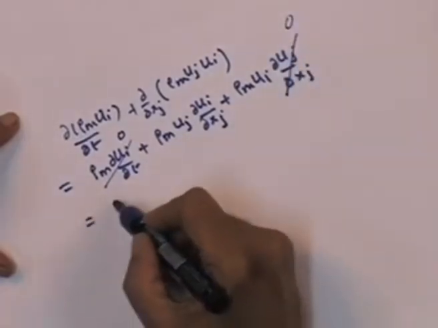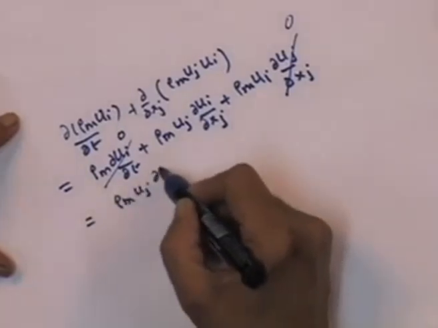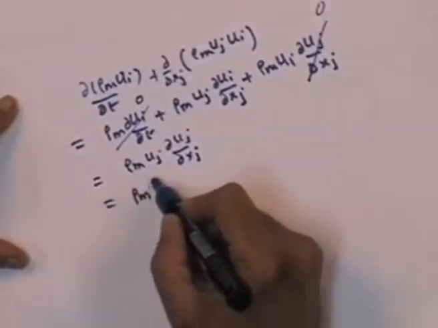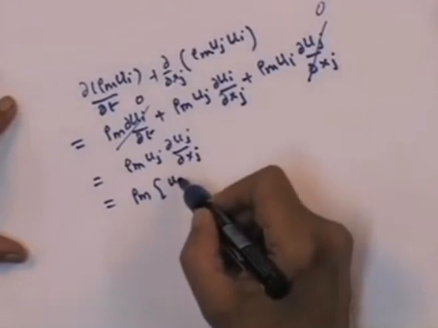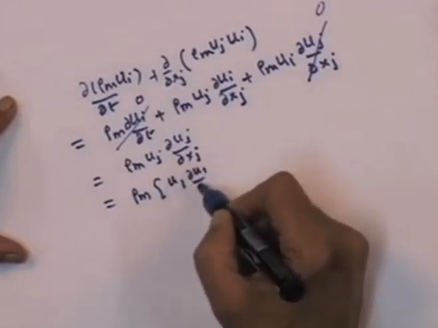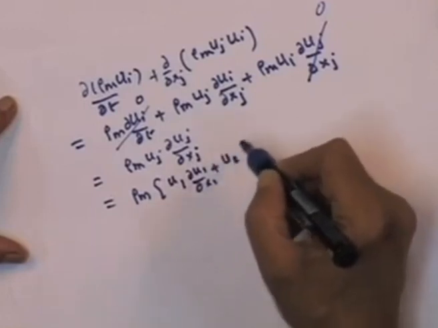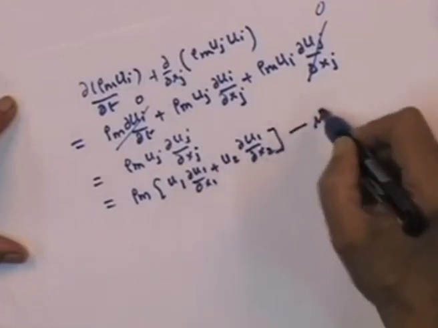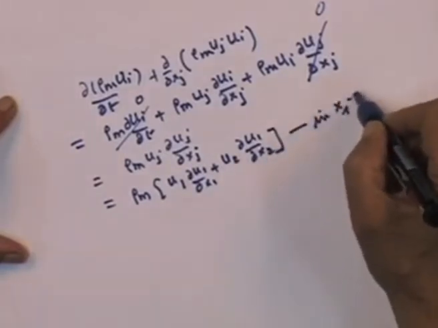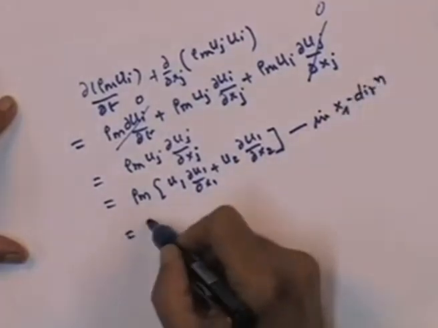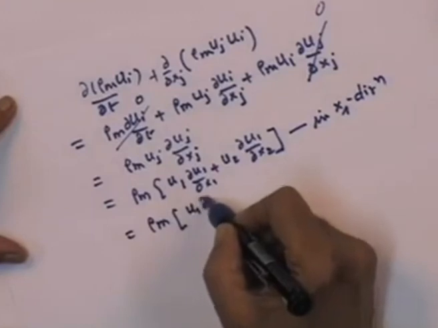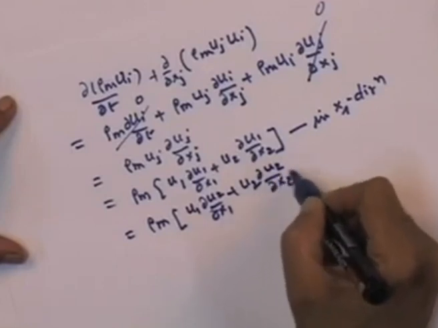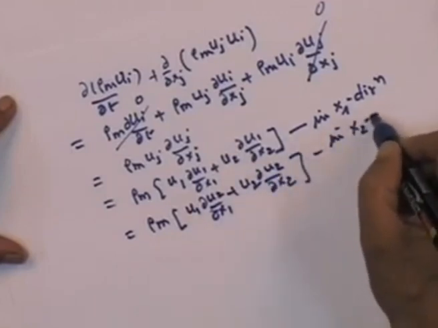Therefore, this will become rho m uj duj by dxj, or in two dimensions this will simply become u1 du1 by dx1 plus u2 du1 by dx2 in the x direction, and it will return rho m u1 du2 by dx1 plus u2 du2 by dx2 in the x2 direction.